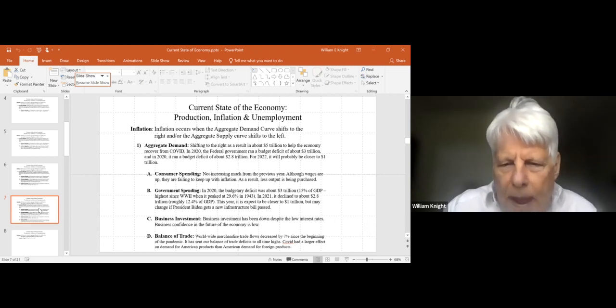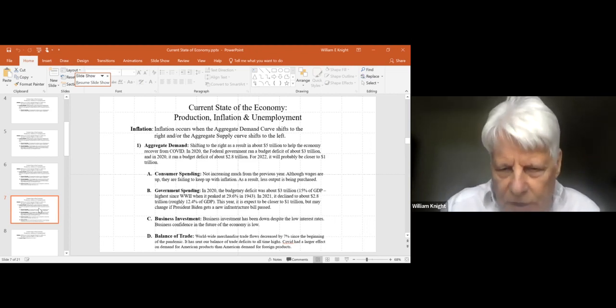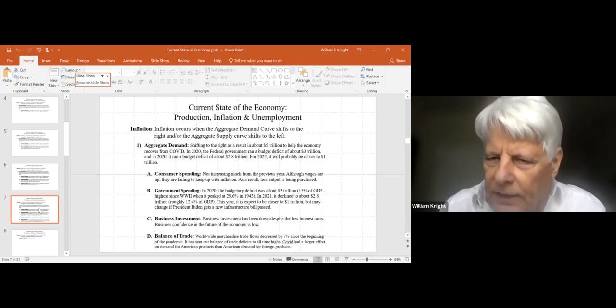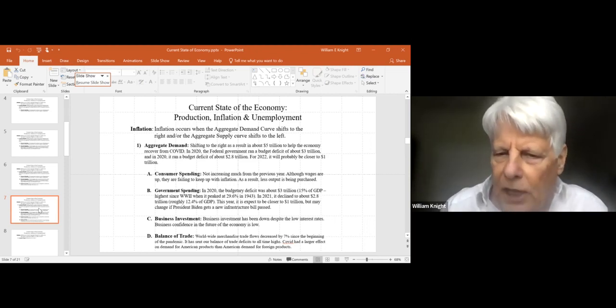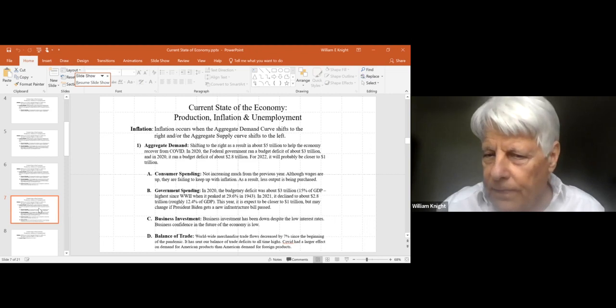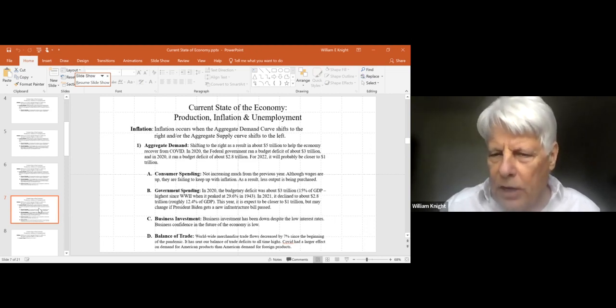And it has sent our balance of trade deficit to an all-time high. Now, remember, budgetary deficits stimulate the economy, but the balance of trade deficit depresses the economy. That means Americans are buying more foreign goods than foreigners are buying American goods.